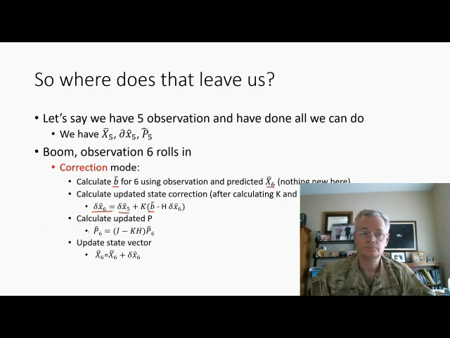Then I calculate the corrected covariance matrix, reusing some of those matrices, and then it's a function of what I thought it would be as well. And then lastly, we can actually update the state vector at observation 6 using the prediction at observation 6 plus the corrected del x hat for observation 6.